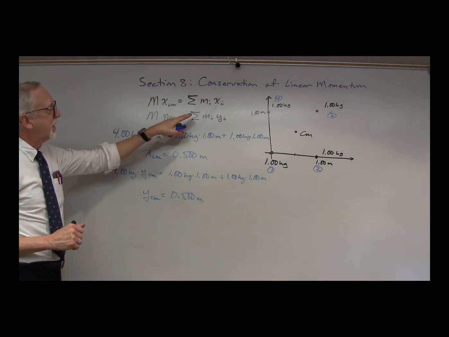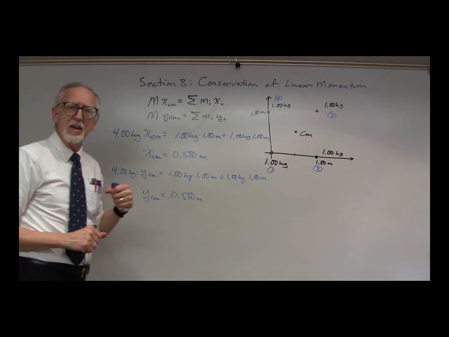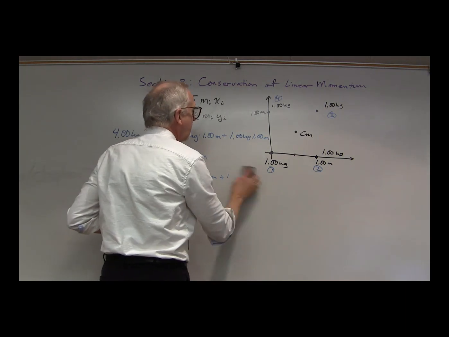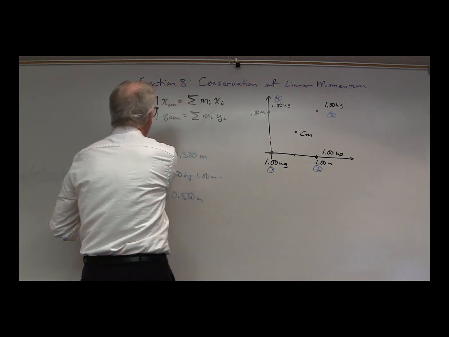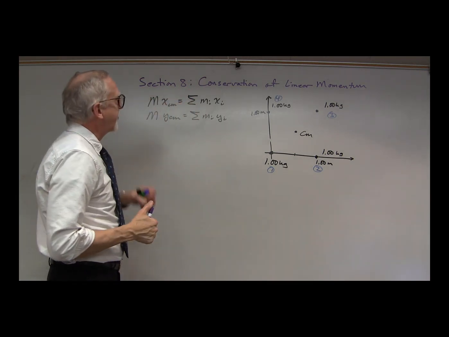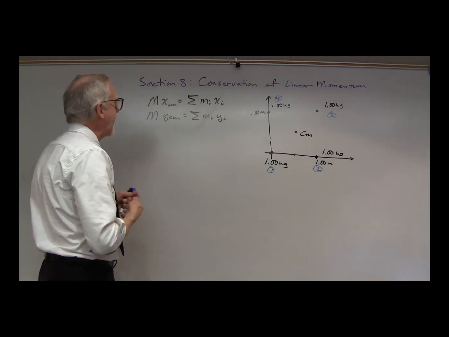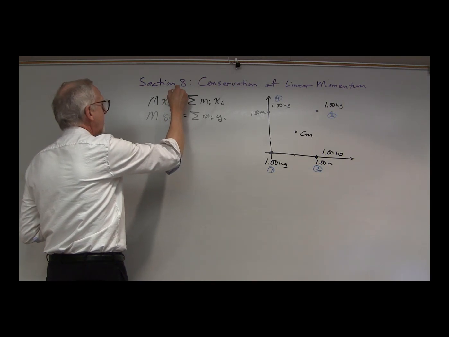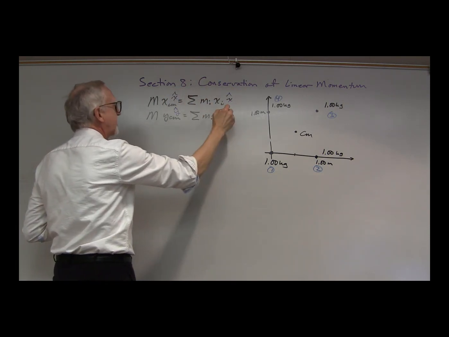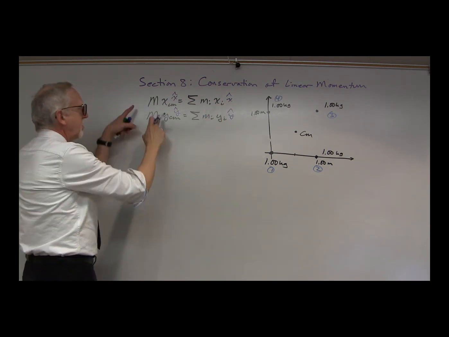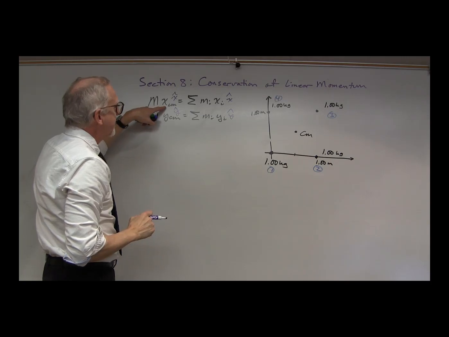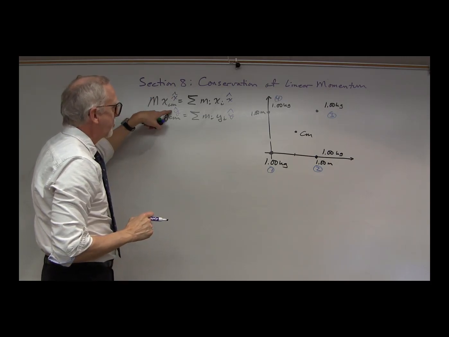What about writing this in vector form? Can we do that? Well, yeah. We could take the first equation and multiply by an x hat. Second equation, multiply by a y hat. Add these two together, we'll have the total mass times x center of mass, x hat, plus y center of mass, y hat.